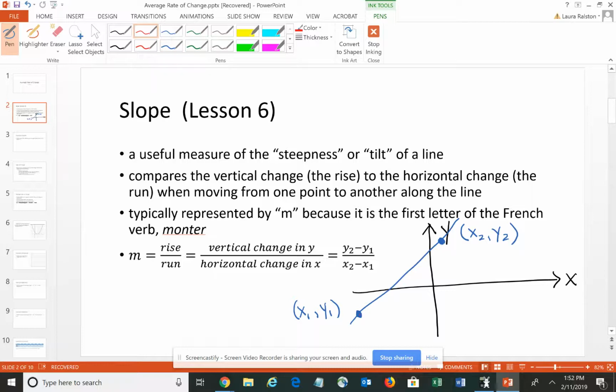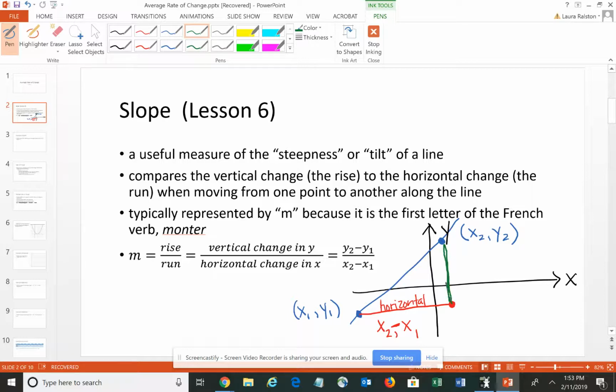How much would we have to move horizontally? Okay, so you would have your horizontal change, and horizontally we're parallel to the x-axis, so this would be x2 minus x1, okay? And then we also want to consider how much we would change vertically. It's like you're climbing the hill.